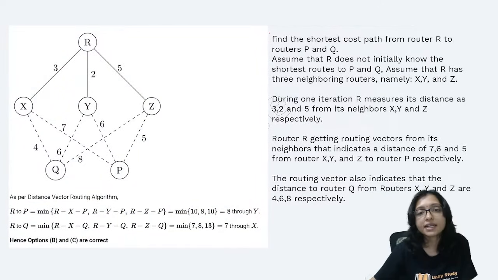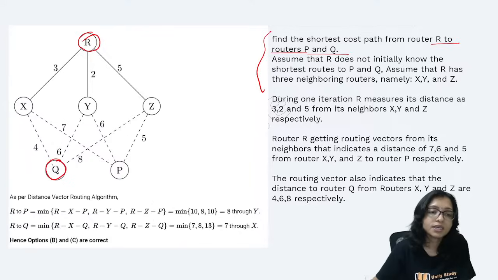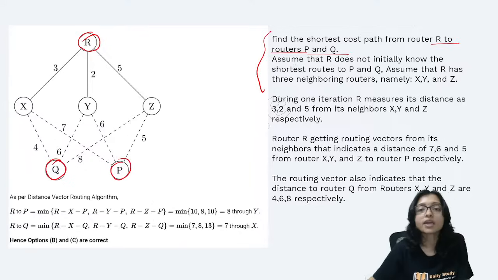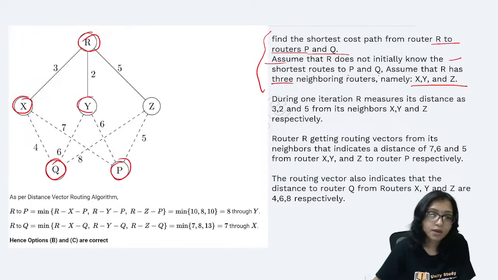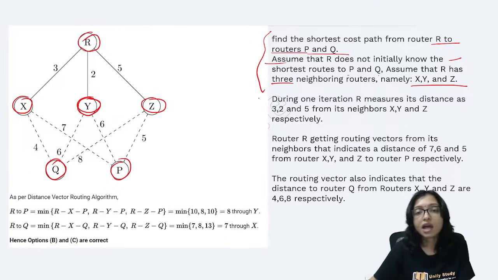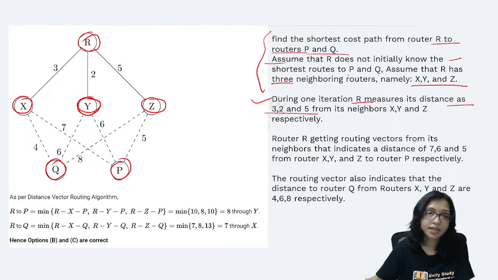First part is to find the shortest path between routers R, P, Q. So here is R, here is P, here is Q. Assume R does not initially know the shortest distance. Neighbors are X, Y, Z. After that, during one iteration, R measures the distances 2, 3 and 5.